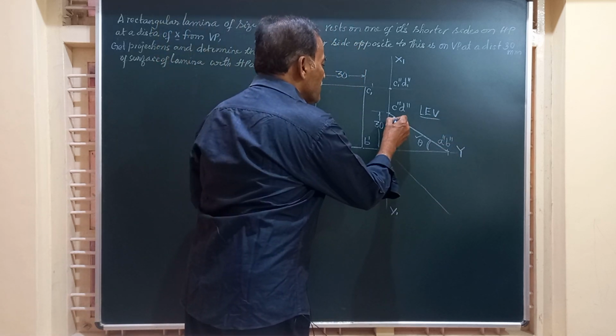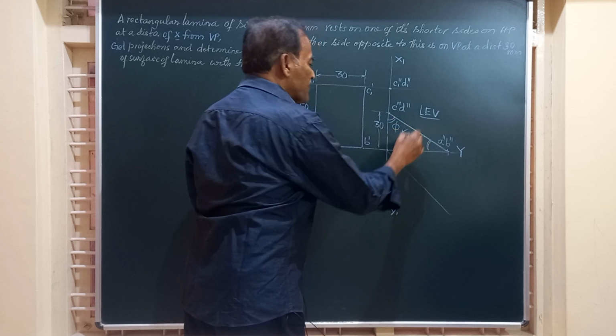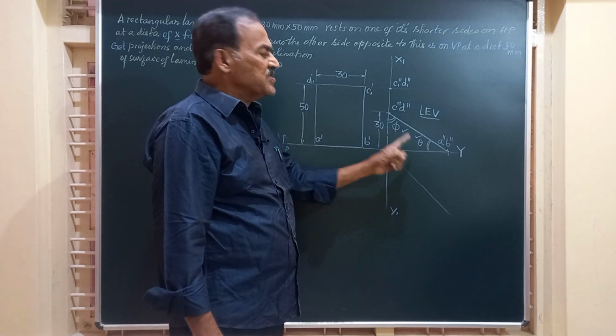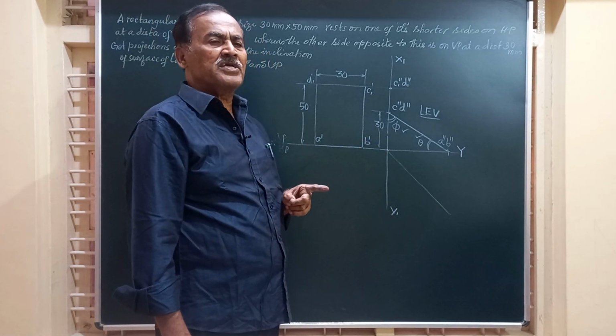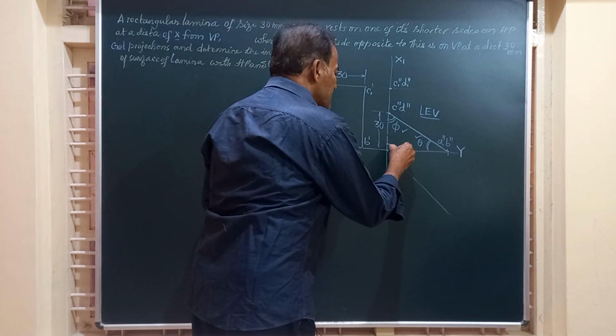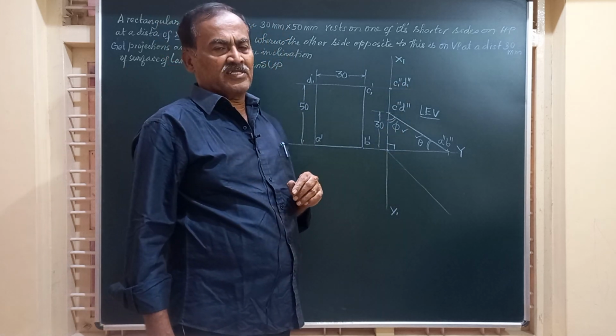And this will give you the angle made by the surface of the lamina with VP, that is phi. These two can be measured, and remember the sum of these two angles has to be 90 degrees because it is a right angle triangle and this XY and X1, Y1 are perpendicular to each other.